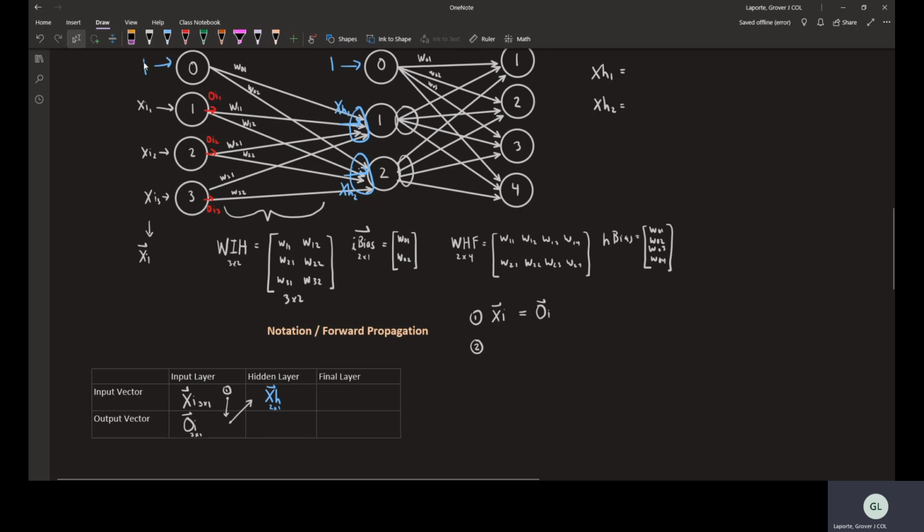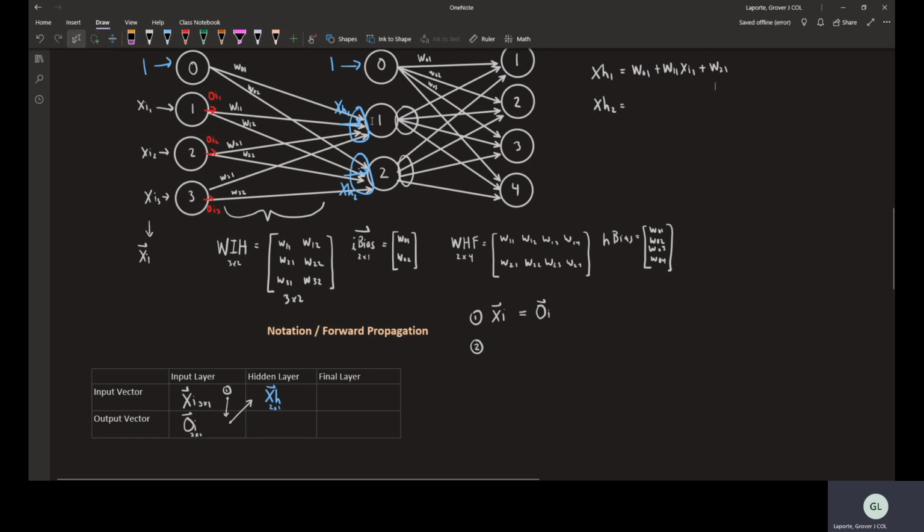So it's just WO1 plus, come back over here, W11 times XI1. So W11 XI1 plus W21, not 22, it's 21, right?